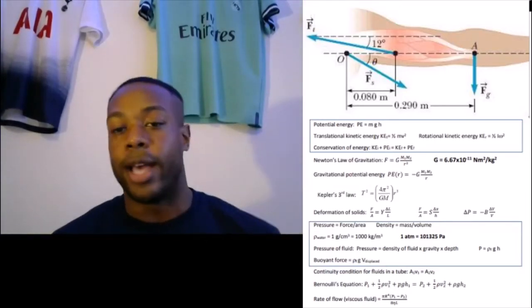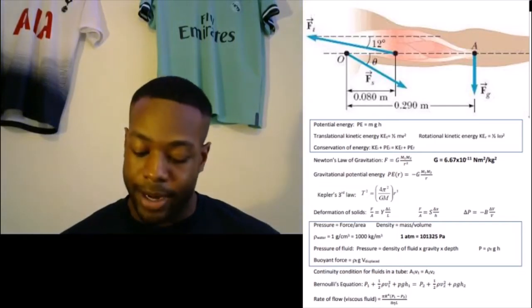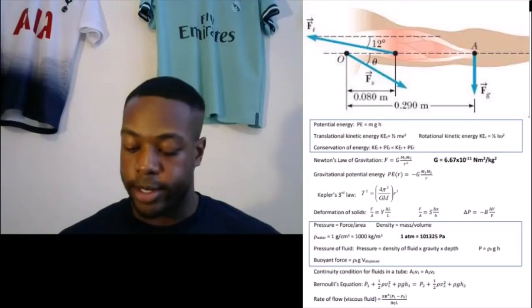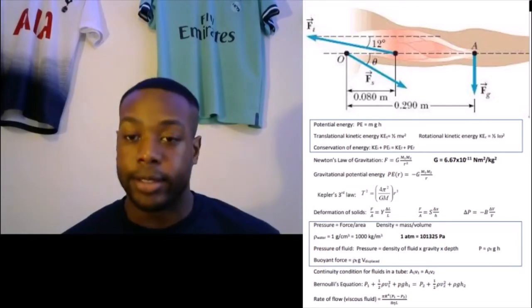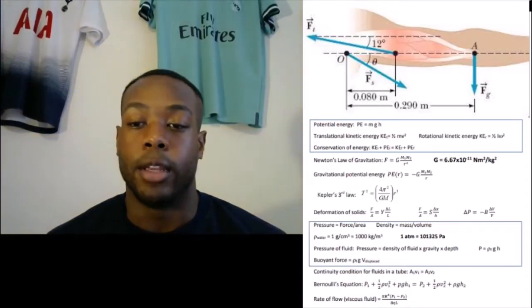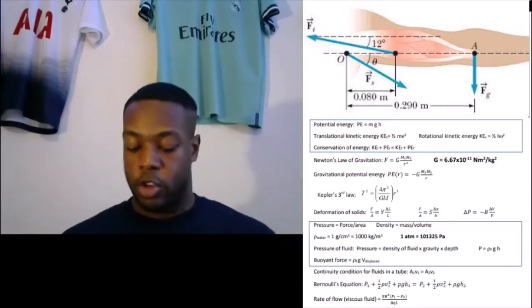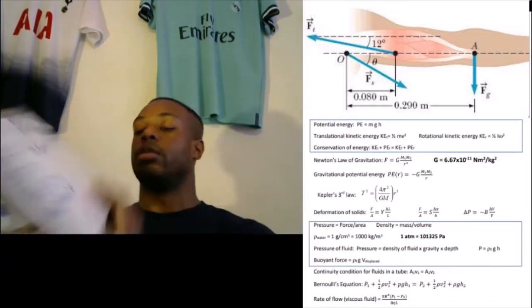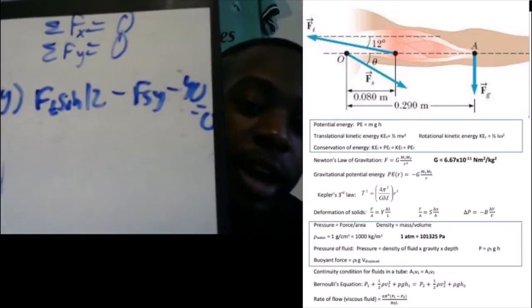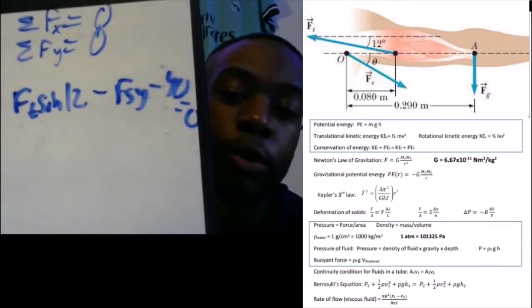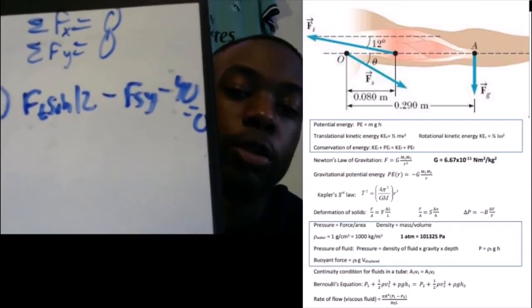Force S is going down, so we make that negative: minus the y component of force S, and also minus the weight, which is 40 newtons. So minus 40, and that should all equal 0. Force T sine 12 minus the y component of force S minus 40 should all equal 0.